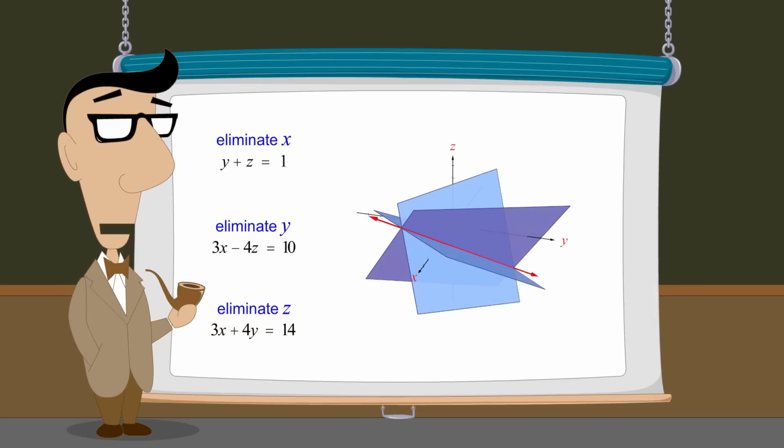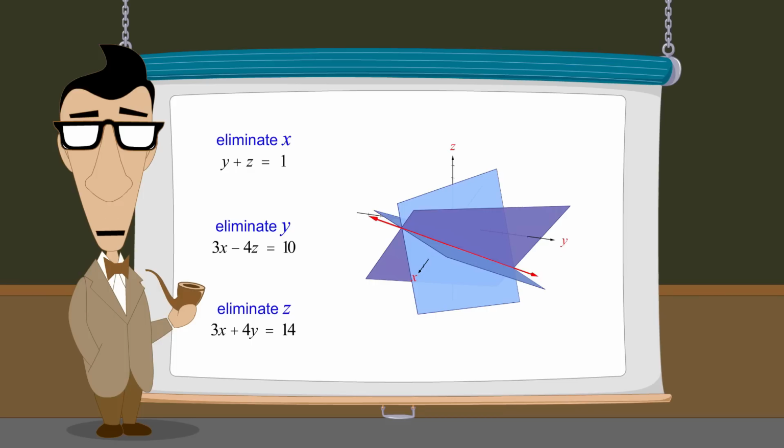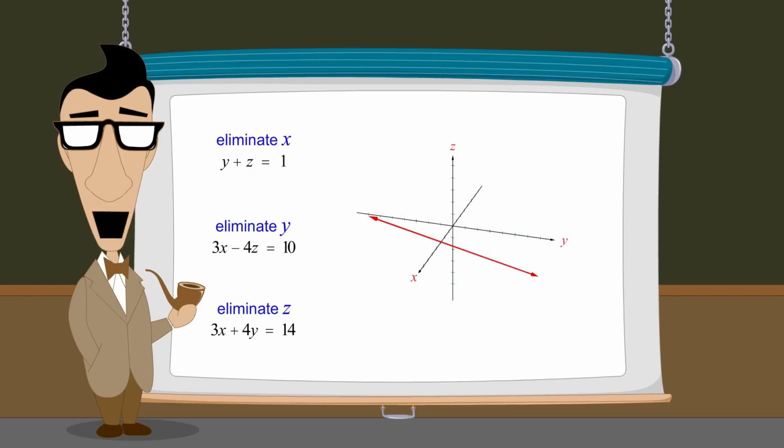Looking at this process geometrically, it is now apparent why when all the planes pass through the same line of intersection, eliminating a given variable always produces the same result. Since all three planes pass through the same line, no matter which two planes are used to eliminate x, the resulting plane must pass through this line and be oriented parallel to the x-axis.